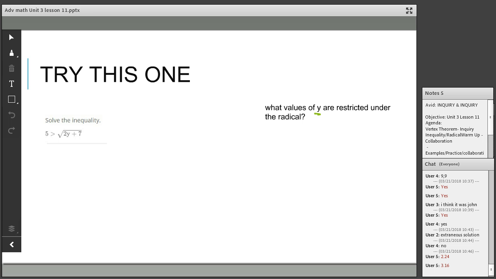Solve the inequality. What values of y are restricted under the radical? What values of y are not allowed? You're going to get a fraction here, so don't be too scared off of that.